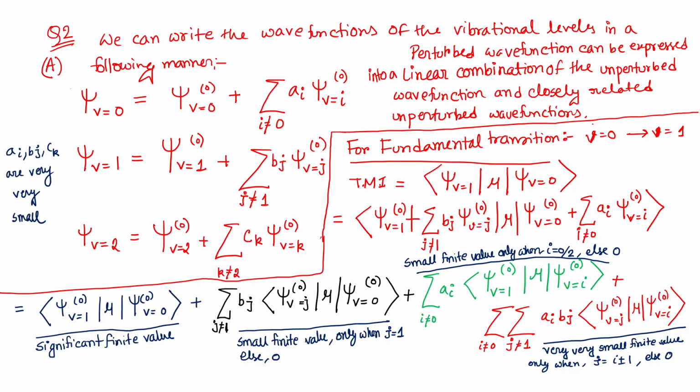Okay, now let us see what is going to happen for the first overtone, that is the transition from v equals 0 to v equals 2.